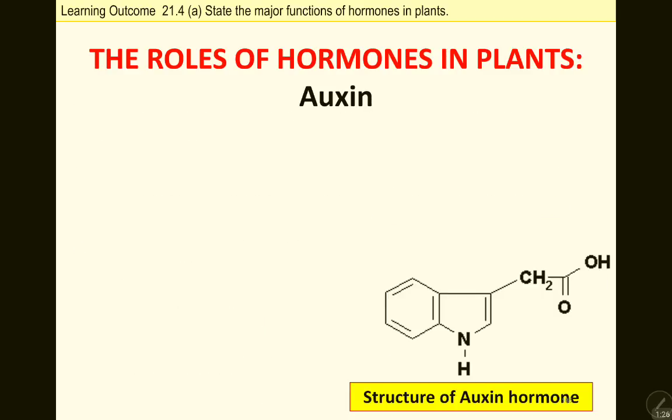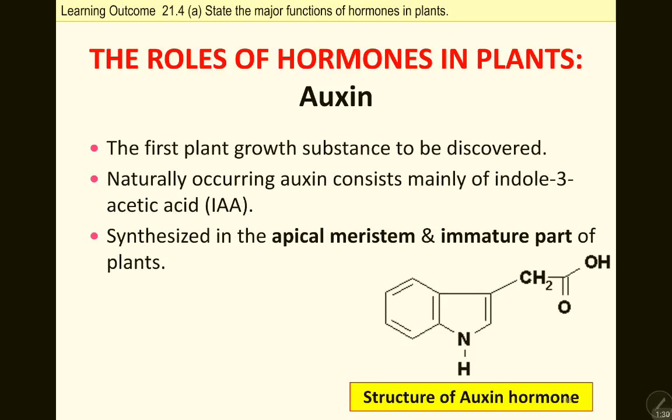So the first hormone, auxin. Auxin is the first hormone to be discovered by scientists. Naturally occurring auxin consists mainly of, this is the structure here, indole-acetic acid. It is synthesized in the apical meristem and immature parts of the plants.